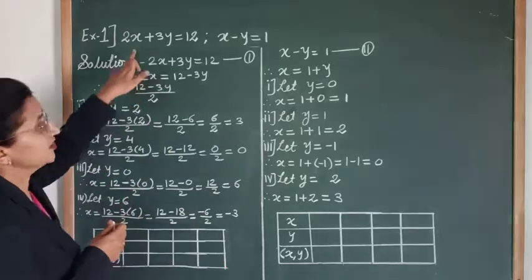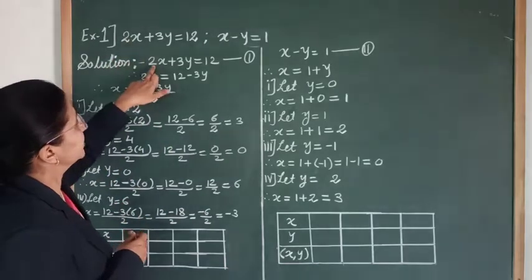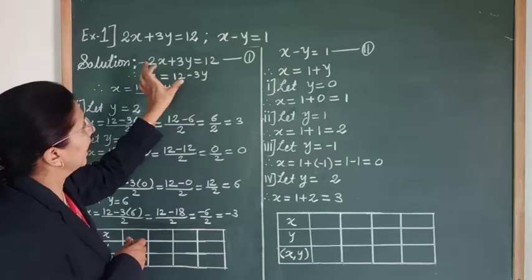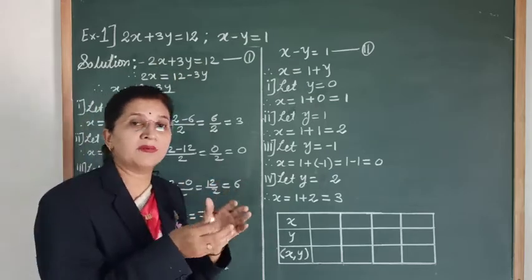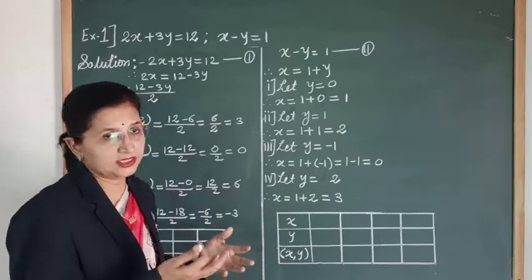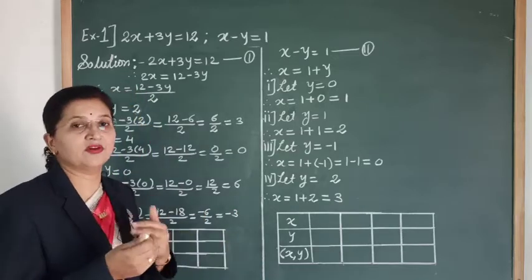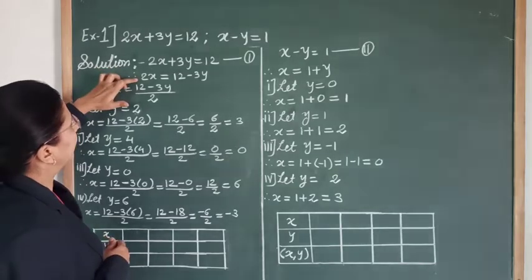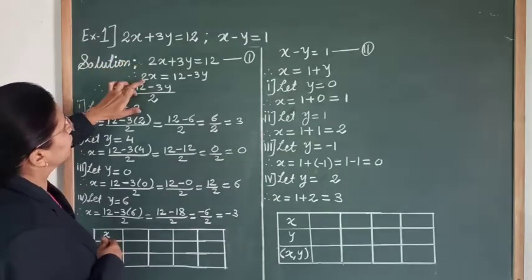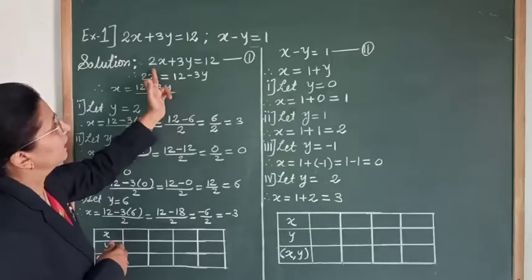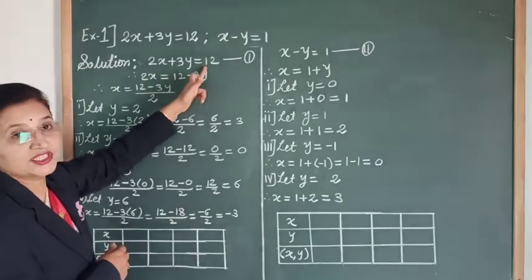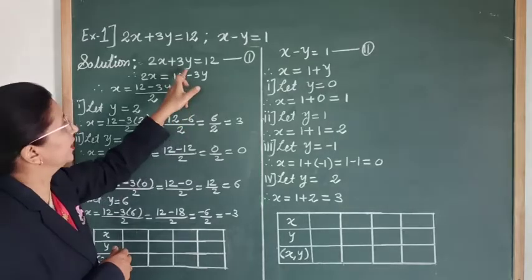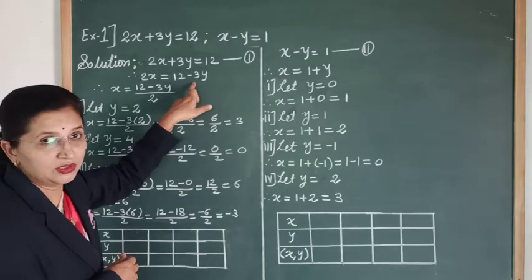So let's take the first equation. Our first equation is 2x plus 3y is equal to 12. Now we have to convert this equation in the form of either x is equal to or y is equal to. Which one is easy for us? Here you can see I have done it like this: 2x is equal to 12, and the positive 3y I transfer to the RHS, where it becomes negative 3y.